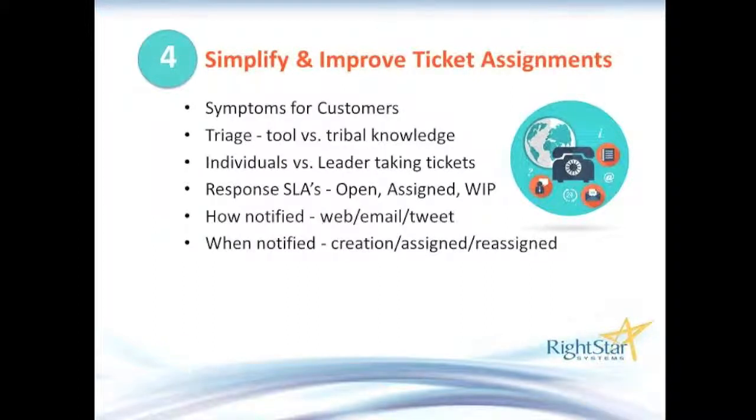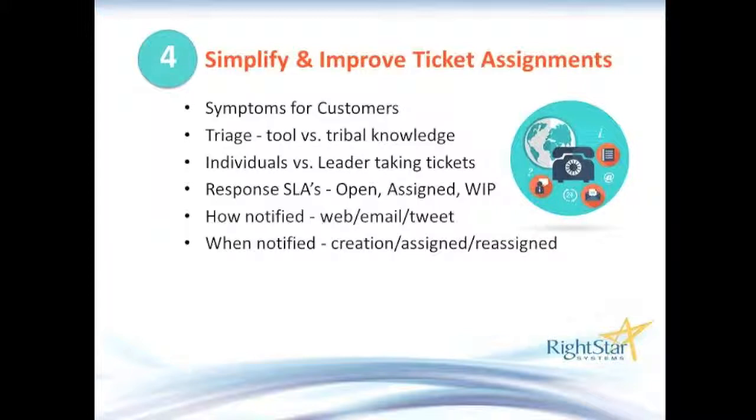And I already mentioned the term triage, and most of you probably know that term. It's not from the medical world, but from the service desk world, where a call comes in and we look at it and we determine what is the nature of the issue and who should best look at it, and of course, what is the priority? How quickly does it need to be attended to?